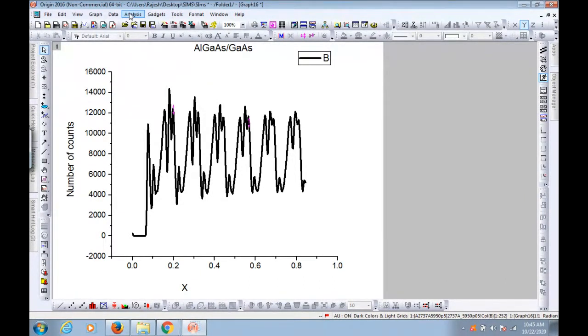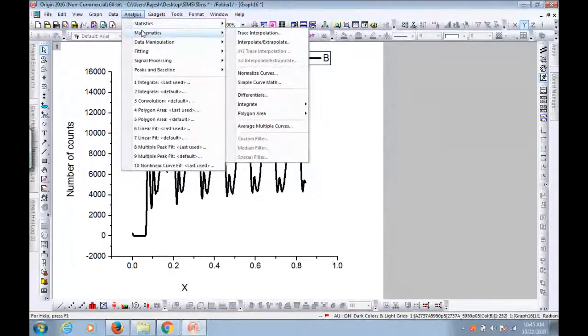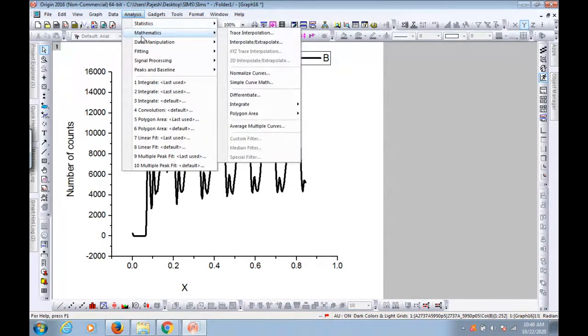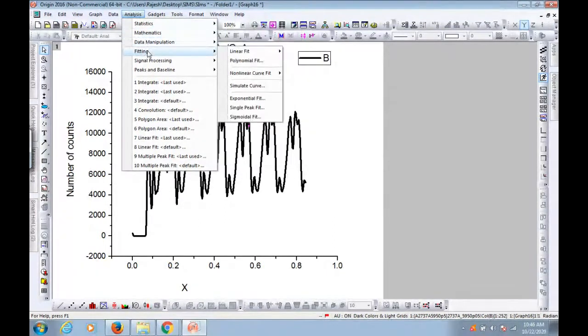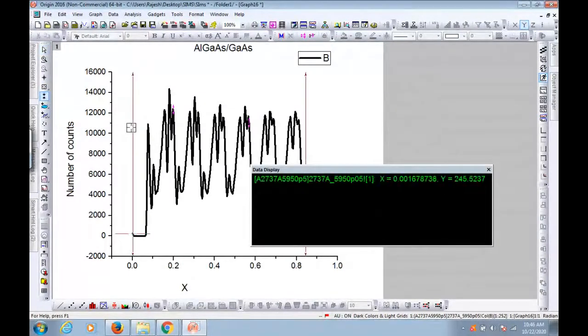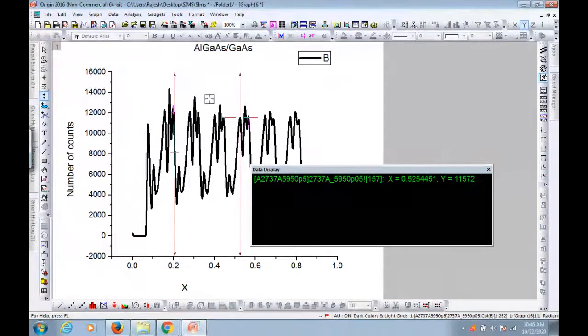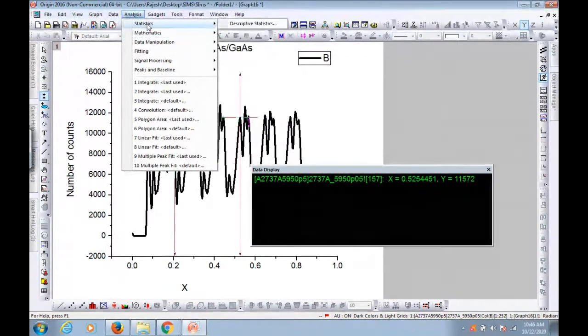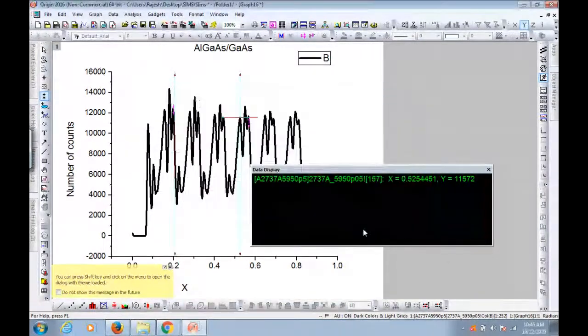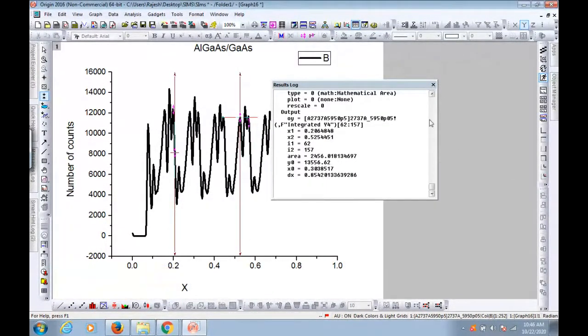but somehow it is not working. It will give you the value of the integration, that is, the area under this curve.